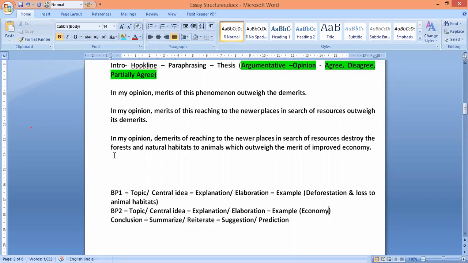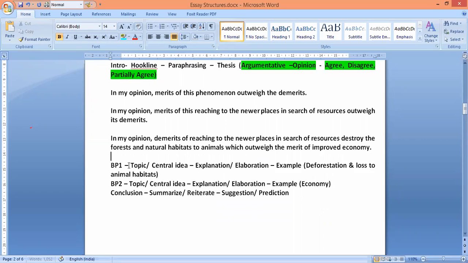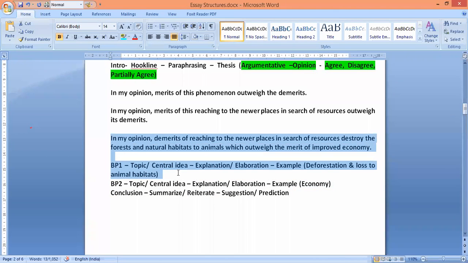And let me tell you about the natural flow also. You are saying, in my opinion, demerits of reaching this outweigh the merit. So immediately after that, you are talking about the demerits, and then you are giving a merit. See the flow. Whichever side we agree with, in the first body paragraph we should write those things, and in the second body paragraph we should mention the other part.